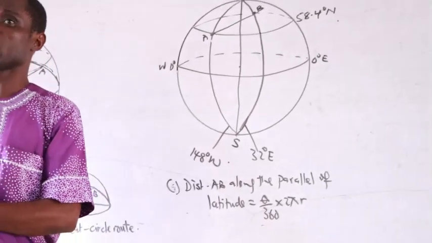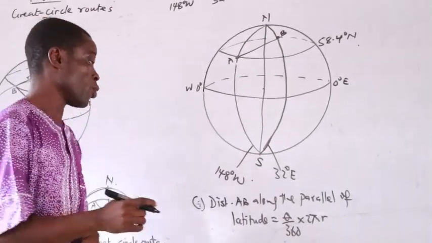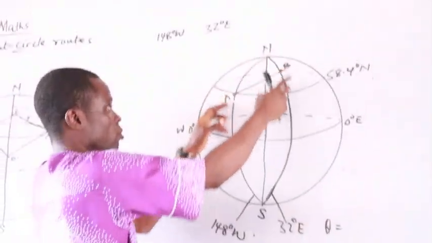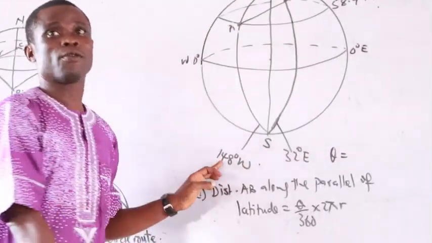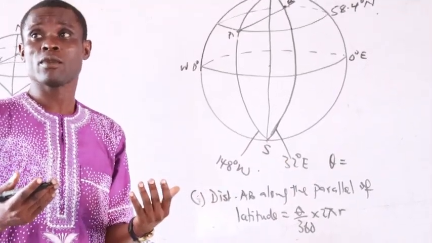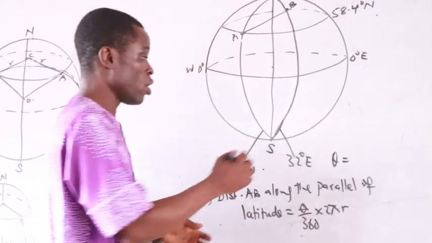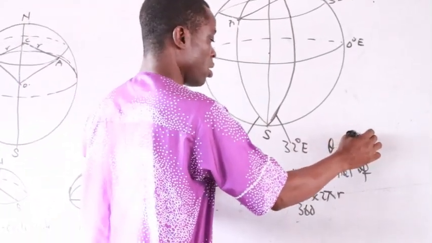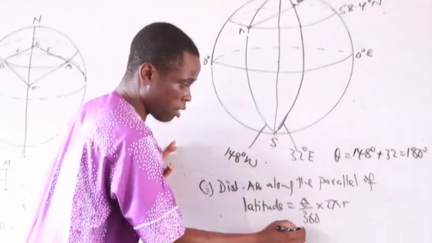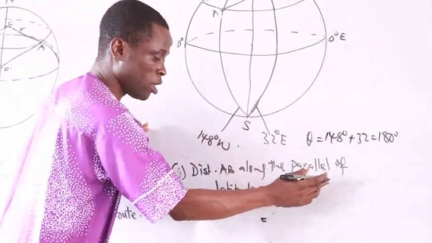It's a small circle. And what will be the angular difference? 148 west and 32 east. Are we going to add or subtract? Add. So 148 degrees plus 32 is equal to 180. So I will now change this small r to big R cos alpha.